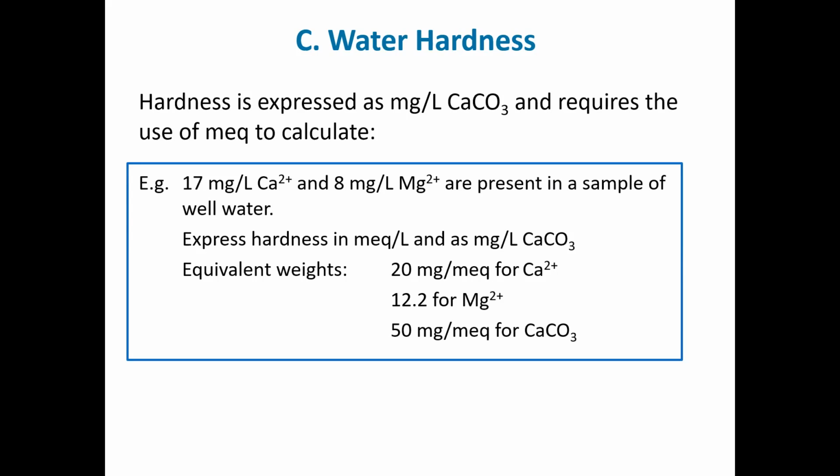If you take a look at this, we have some information about a sample of well water. You can see we have 17 milligrams per liter of calcium and 8 milligrams per liter of magnesium. And so what we can do is calculate the hardness in this sample.